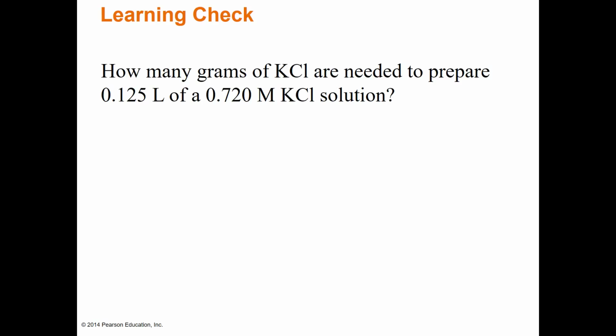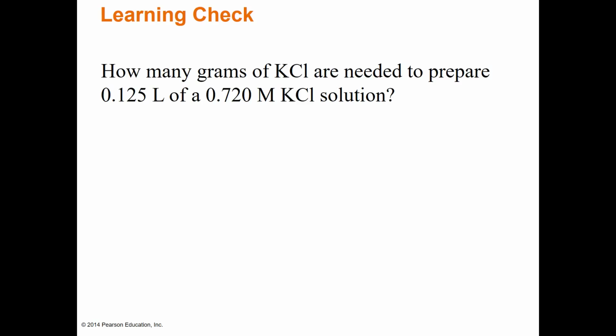How many grams of potassium chloride are needed to prepare 0.125 liters of a 0.720 molar potassium chloride solution? What do we need here? Grams. We want to find grams eventually. Before we can get to grams, what are we going to need to find? Looking at this information that's given, the molarity and the liters, what can we find?